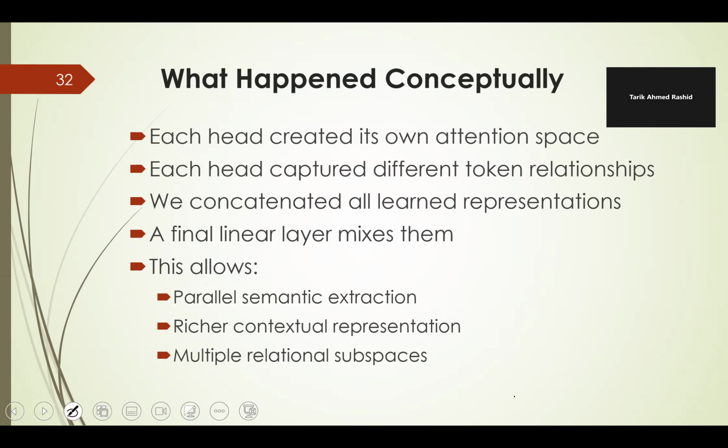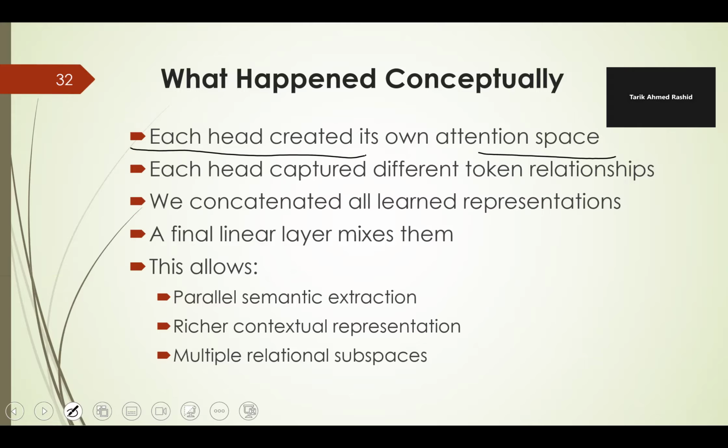So just recall, each head created its own attention space. Each head has its own attention space because it has different weight matrices. Each head captured different token relationships. So as if we have 4 people, they're looking at the same sentence. If I look at one sentence, I look at it from my perspective.